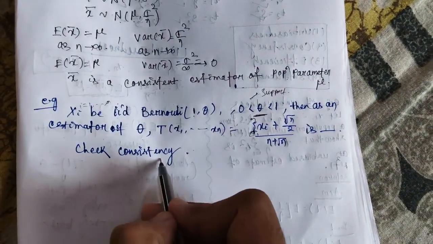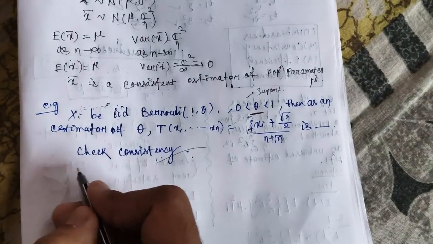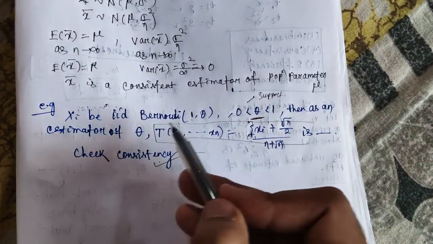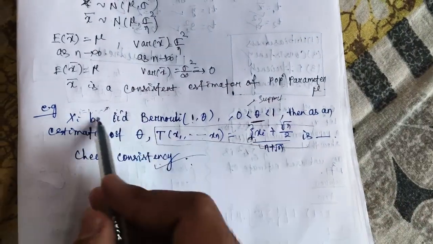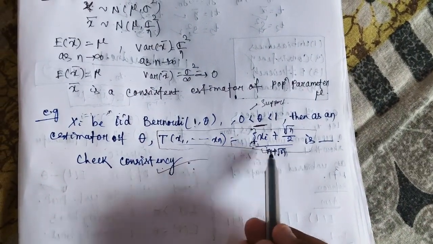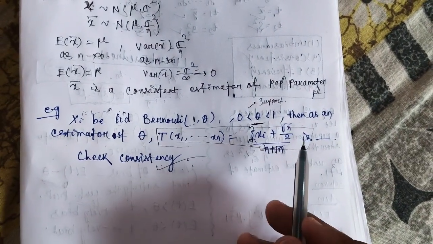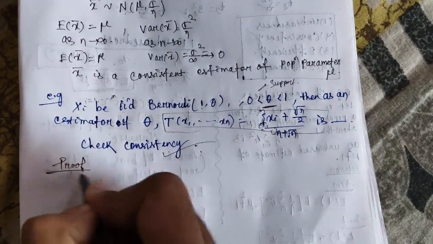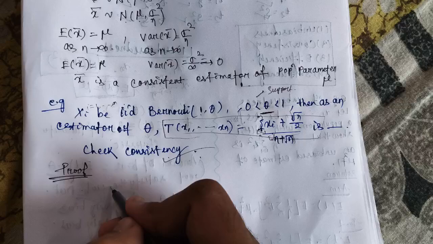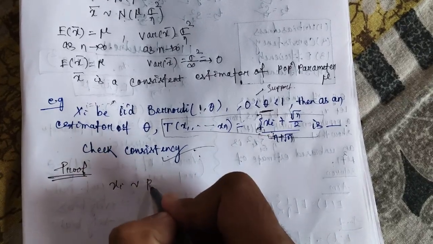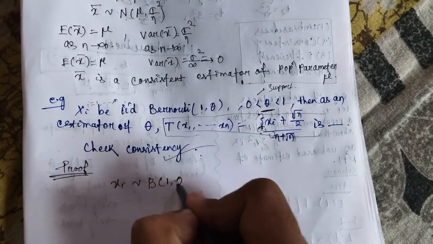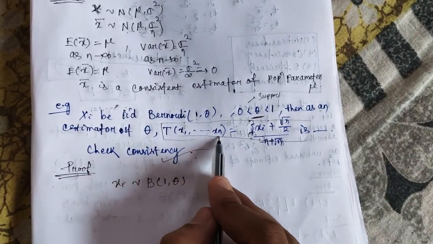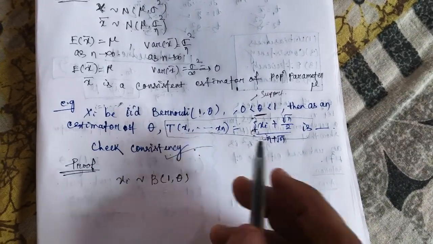So we have to check the consistency. This is the sample function; from the sample values we calculate this. We need to check whether it follows the property of consistency or not. First, we are given that xi follows a Bernoulli distribution with 1 and theta. The given estimator is based on x1, x2 up to xn.